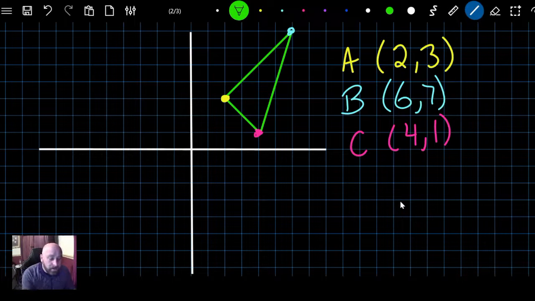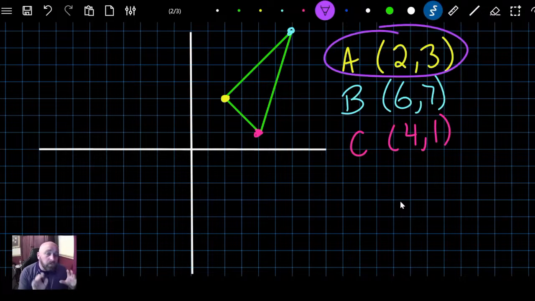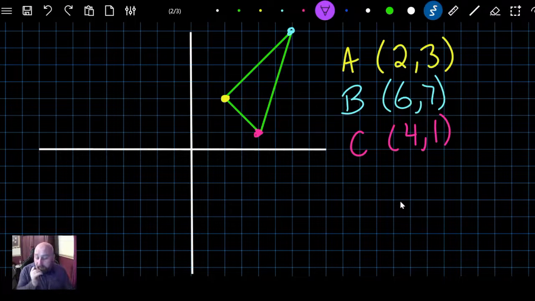Now what we want to do is take these and create new rotated coordinate points. How are we going to do that? Well, what does this problem tell us to do? Notice example 7.9a says to rotate the shape clockwise 90 degrees.